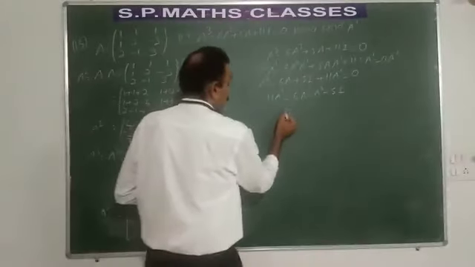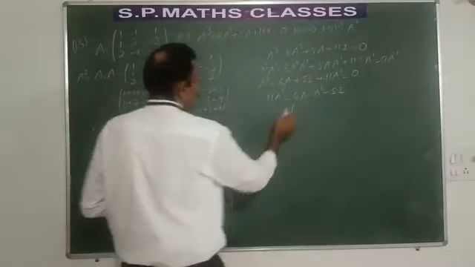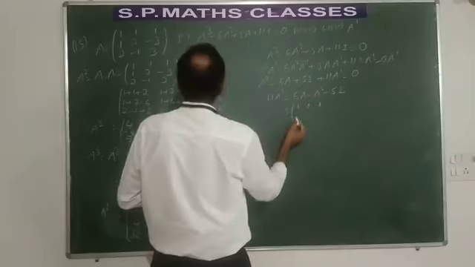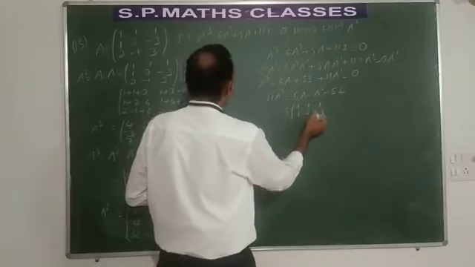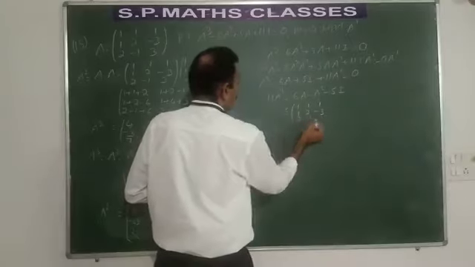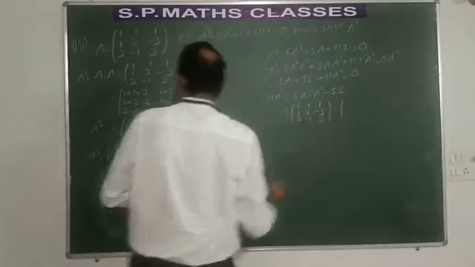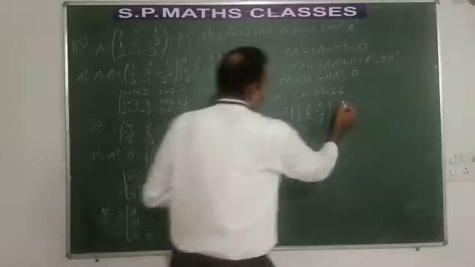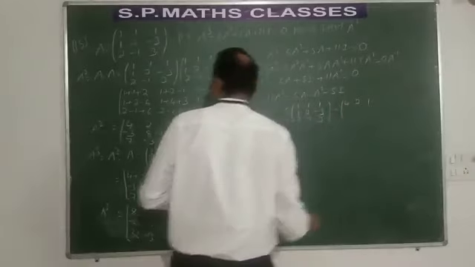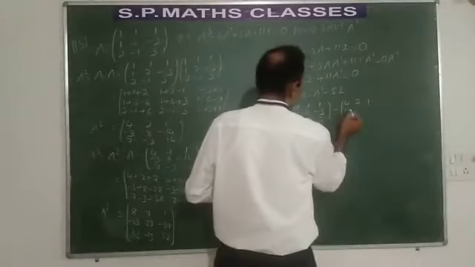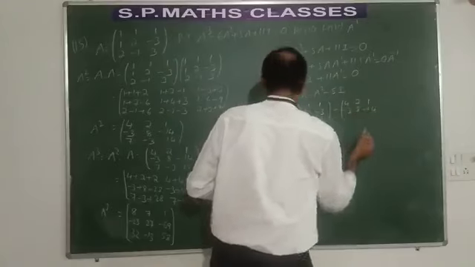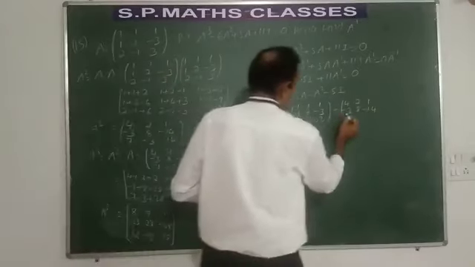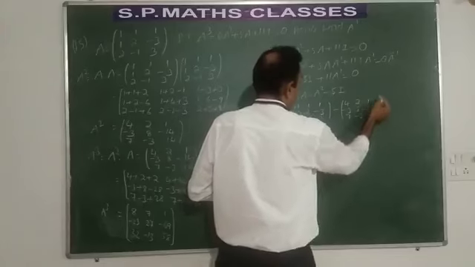So 6 into A, what is A now? A is 1 1 1, 1 2 minus 3, 2 minus 1 3. What is A square? We have found A square. It is 4 2 1, minus 3 8 minus 14, 7 minus 3 14.